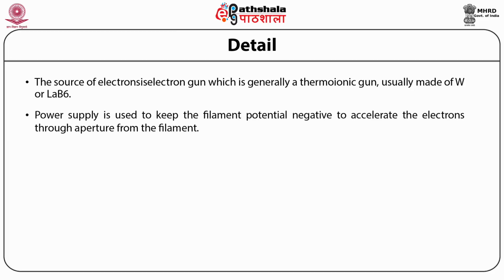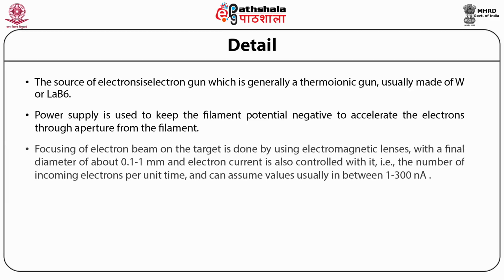A power supply is used to keep the filament potential negative to accelerate the electrons through an aperture from the filament. Accelerating voltages are used to accelerate electrons towards the anode and lie in the range from 1 kilovolt up to 40 kilovolts.